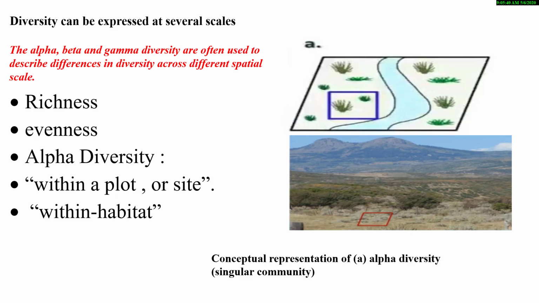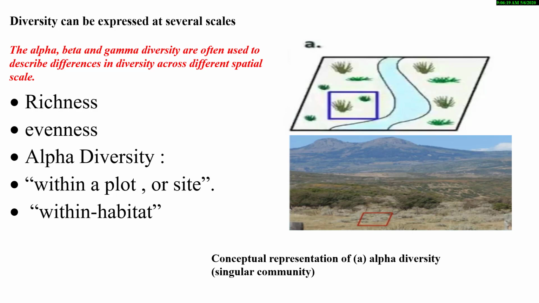Diversity can be measured or monitored at several spatial scales. We can measure diversity at the alpha level, beta level, and gamma level. So we have alpha diversity, we have beta diversity, and then we have gamma diversity. These are often used to describe differences in diversity across different spatial scales.